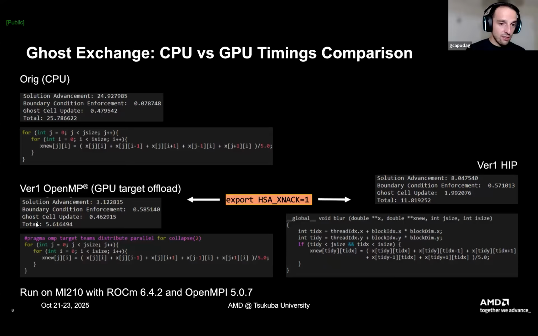So notice that the total runtime with OpenMP and GPU offload is now 5 times smaller. And with HIP is about 2 times smaller. I should say you shouldn't pay too much attention to these numbers. Take them relatively and not absolutely, because this is not a fully optimized example. It was run only for a short time with only a few processes.